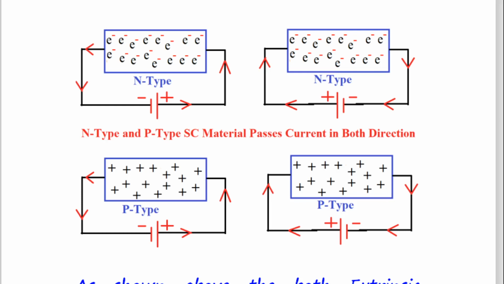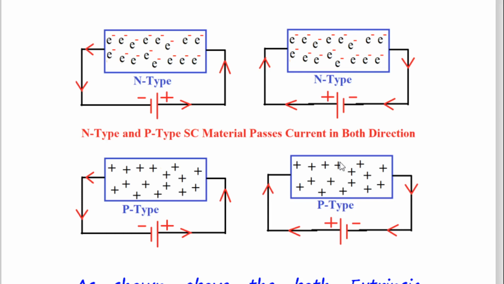But conductivity is increased, because as soon as you connect the battery, the current starts flowing. You need not break the covalent bond like in pure silicon and germanium, and that is why it is said n-type material and p-type material have very good conductivity as compared to pure silicon and germanium.